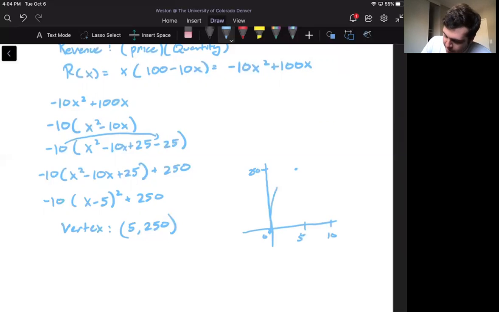It's a parabola, so it's going to look something like that. At 5 we hit the most for our revenue, which is 250. We also know that it has roots at 0 and 10, because if the price is 10, we sell no smoothies, so we don't bring in anything. And at 0, we were giving away our smoothies for free, so we don't bring in anything. But so the ideal price is 5.